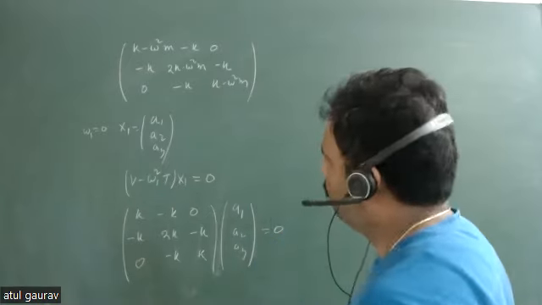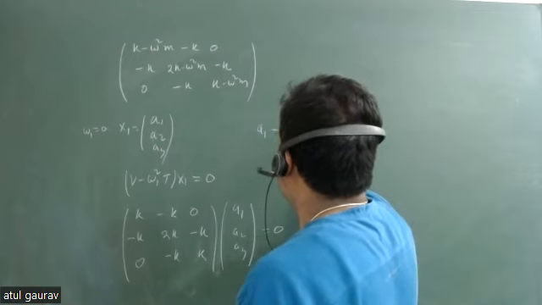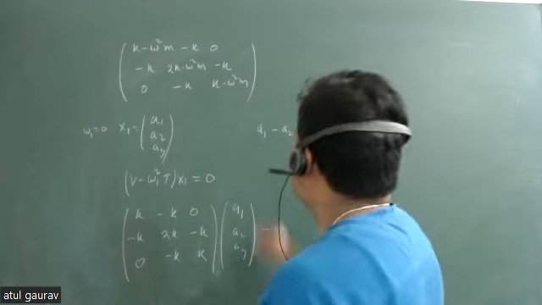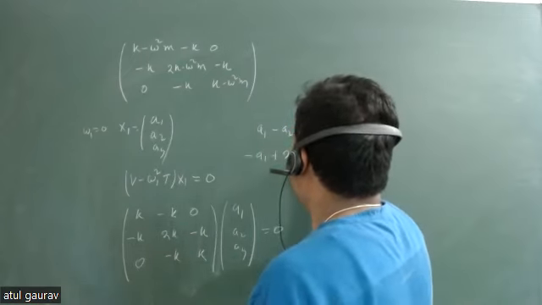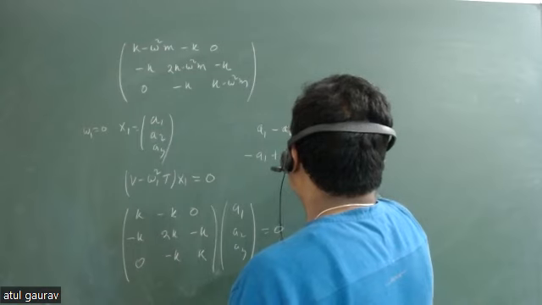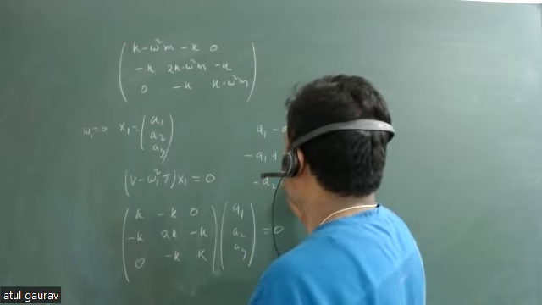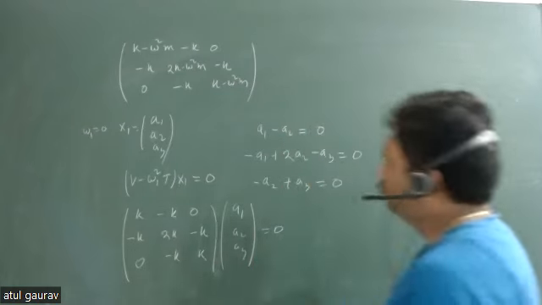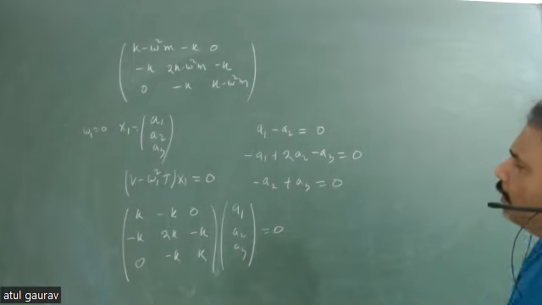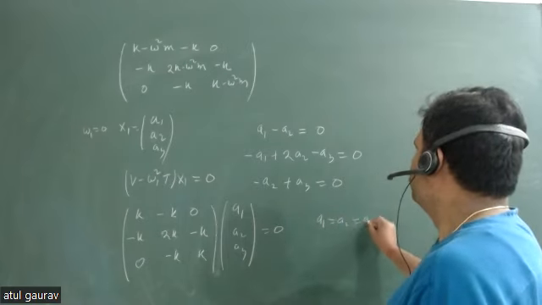And from there, you can solve the equation. A1 minus A2 must be equal to 0. Second equation is minus A1 plus 2A2 minus A3 is equal to 0. Third is minus A2 plus A3 is equal to 0. ठीक लिख रहा हूं ना? So from there, I can have A1 is equal to A2 is equal to A3.